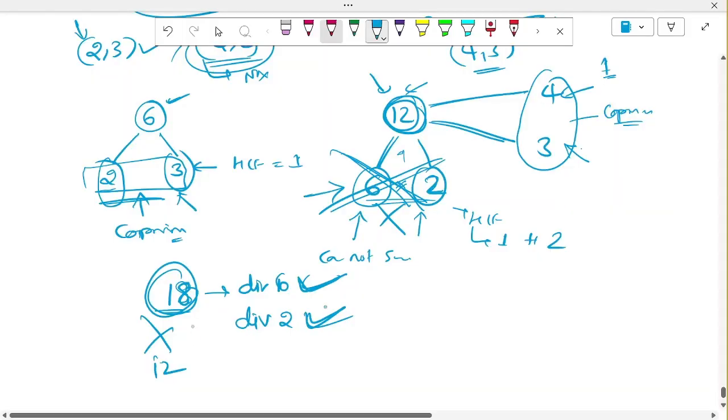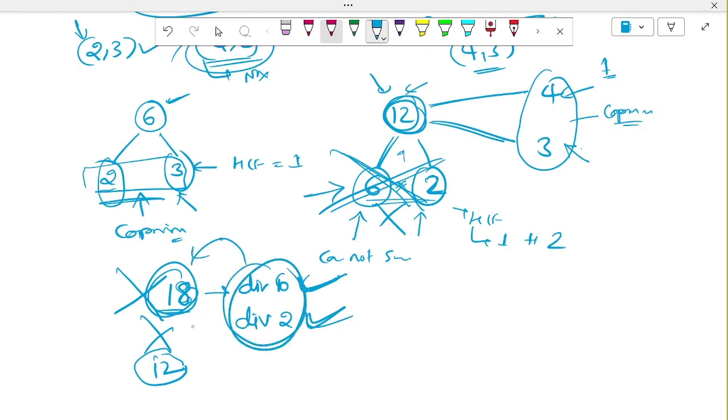So 18 is actually not divisible by 12, but both of these divide 18. That's why there is some contradiction. But now check by 3 and 4. Is 18 divisible by 3?